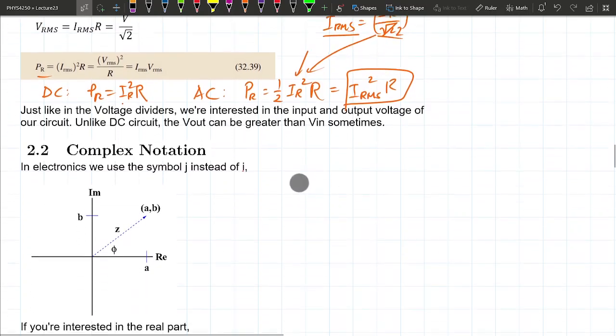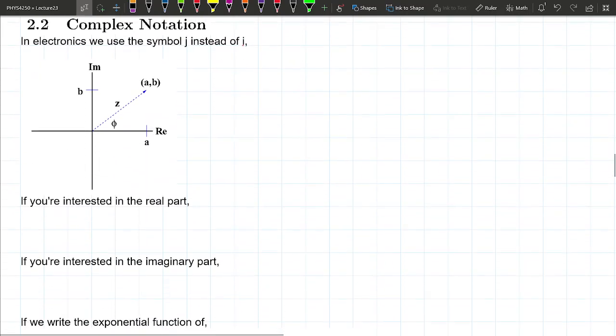The book does a little segue into complex numbers so that we don't have to deal with this trig stuff anymore. Those of you who are in math physics will see this again in a few weeks when you cover complex numbers, but I'm going to give you a very simple, little baby complex number stuff. A complex number has a real component and an imaginary component.